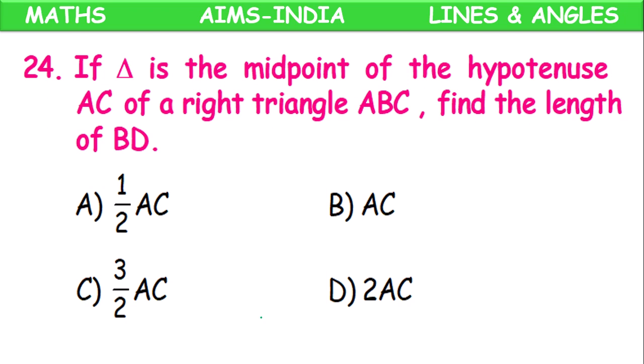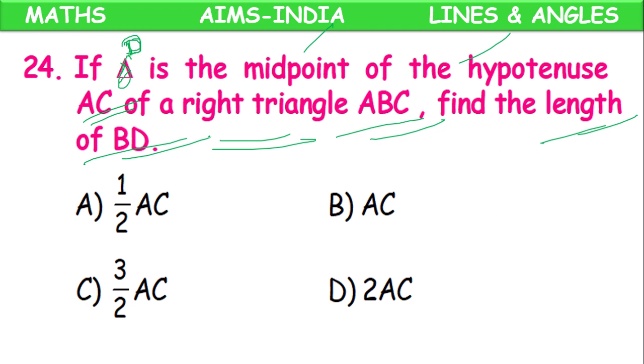Next, children. If D is the midpoint of the hypotenuse AC of right angle triangle ABC, find the length of BD.